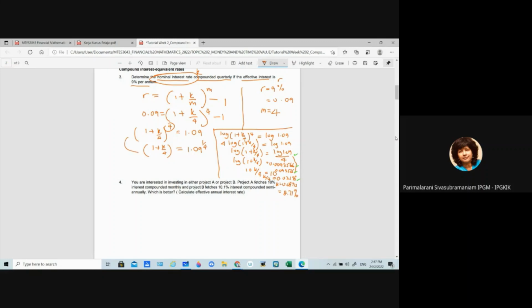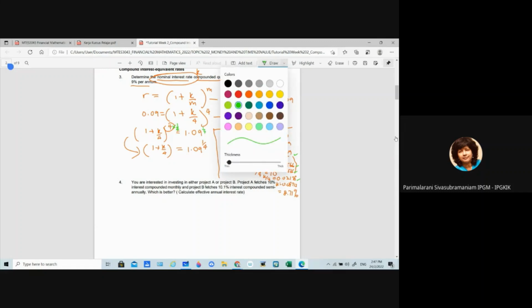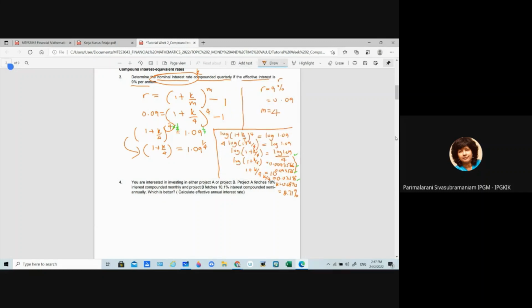We have multiplied both sides by 1 over 4. When you have it like this, you can use your calculator. So you have K over 4 equals, calculate this, and then minus 1, you will get 1.021778.